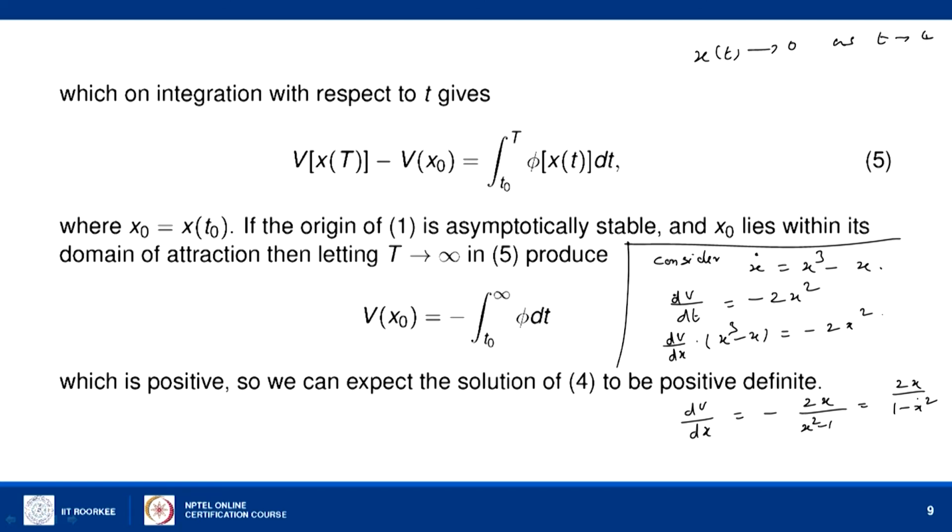If we integrate both sides with respect to x, we get V equal to minus log of (1 minus x square), and in the interval mod x less than 1 this is valid.